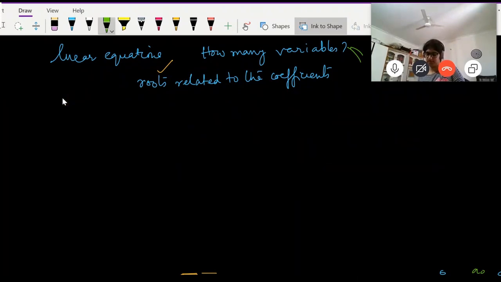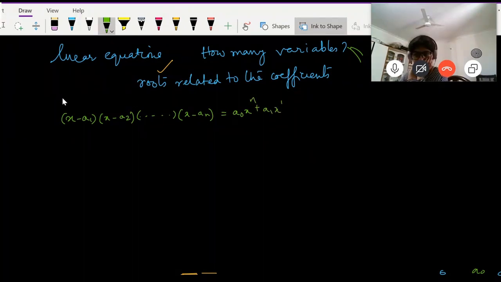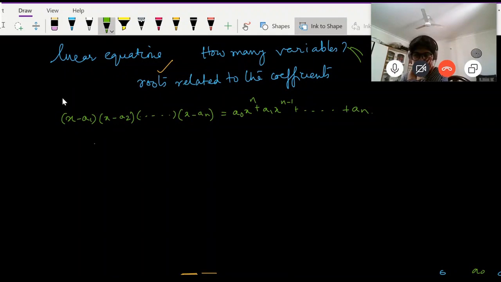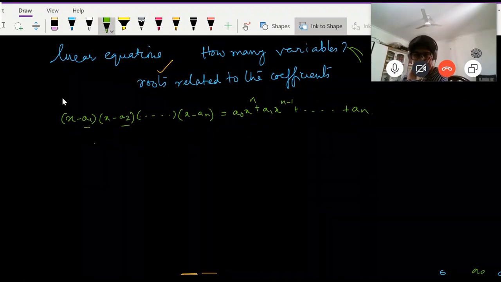we go back to the earlier one. So x minus a1 into x minus a2, x minus a3 up to x minus an, right, is equal to a0 x to the power n plus a1 x to the power n minus 1 all the way up to an. Now, if I want the constant term from both sides, I have to multiply all the constant terms.